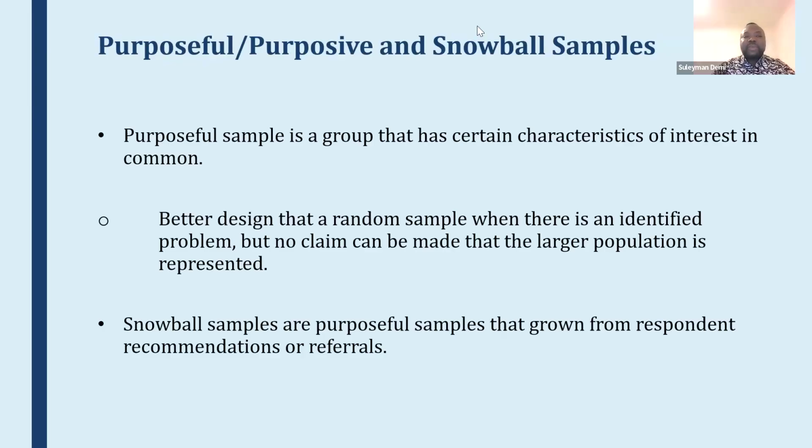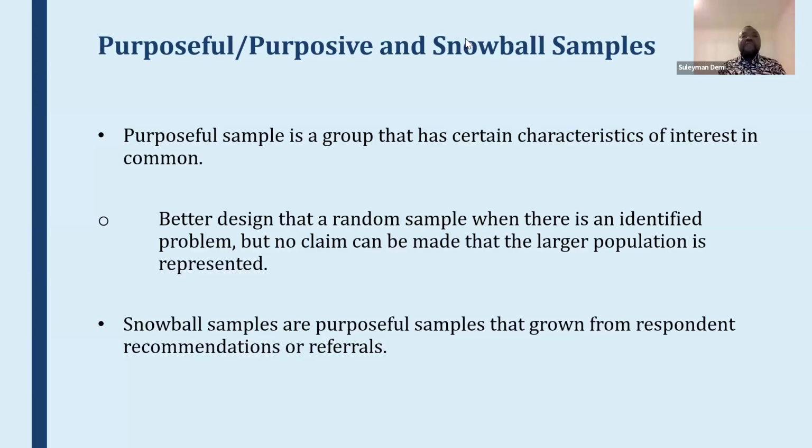Then we have purposive, or purposeful. Both are correct, right? Purposeful sampling, as the name suggests, is a group that has certain characteristics of interest in common. So let's say you want to investigate how people deal with grief.